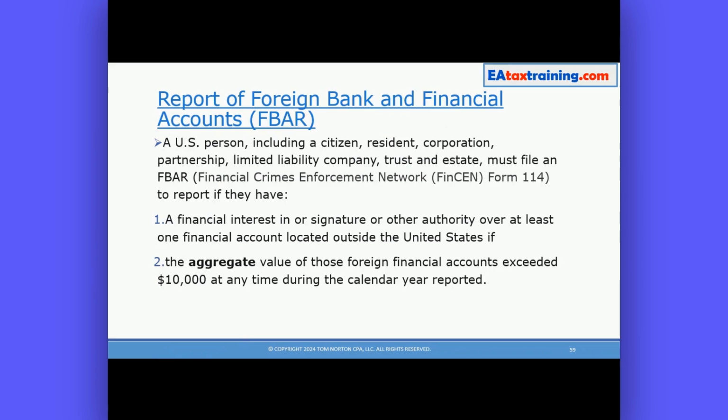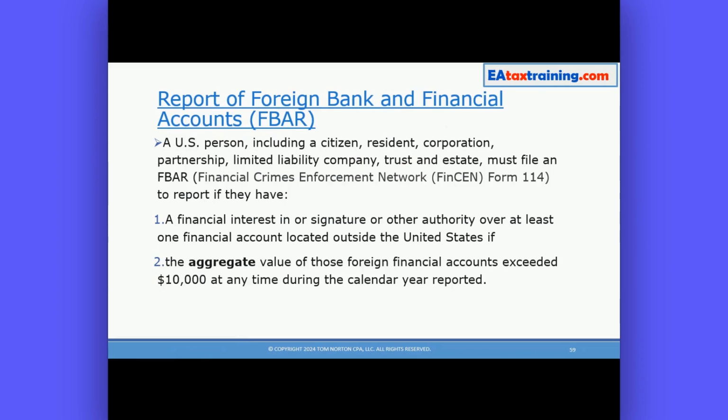FBAR, we talked about this in part 1. I am going to go over it again here in part 2 briefly, just to remind you that this applies to businesses as well as to individuals. So if you have a foreign bank account, then you have to report if you meet these requirements.